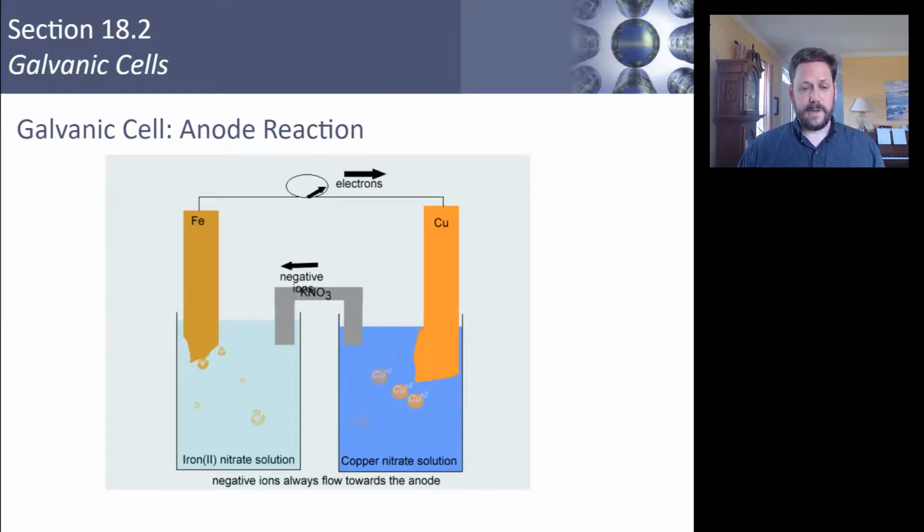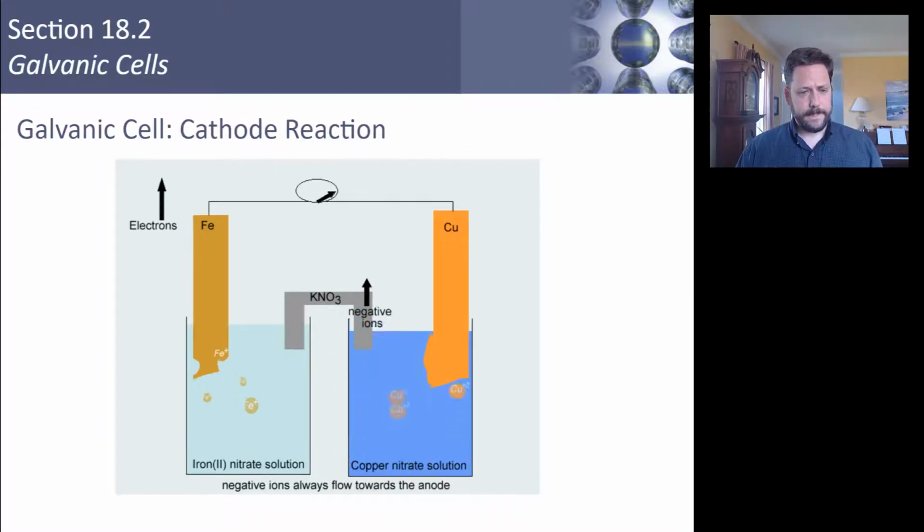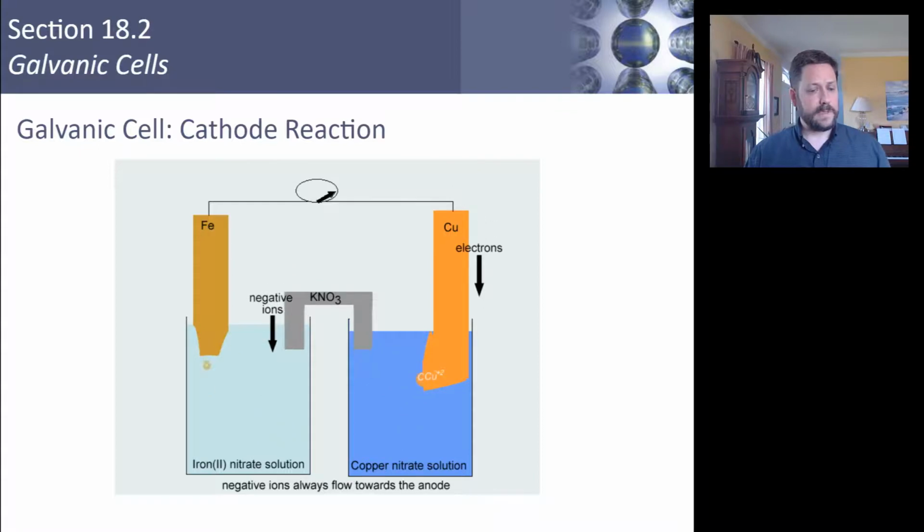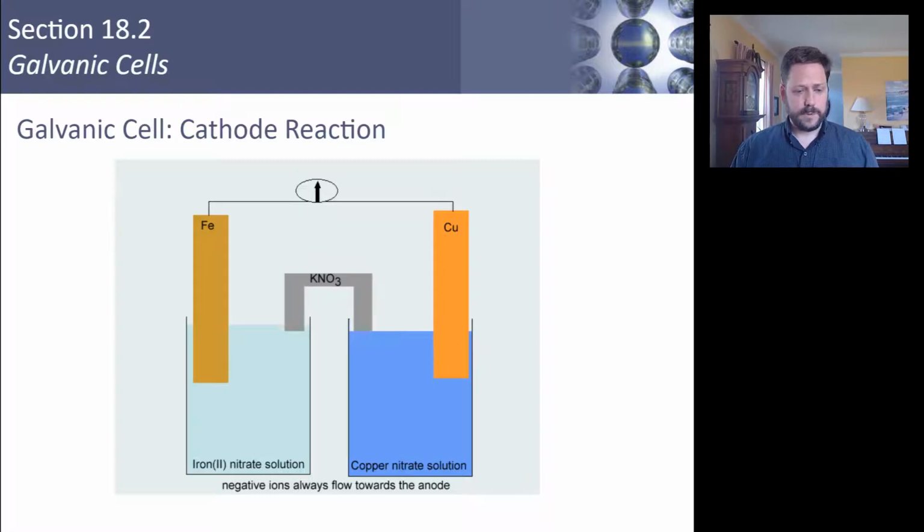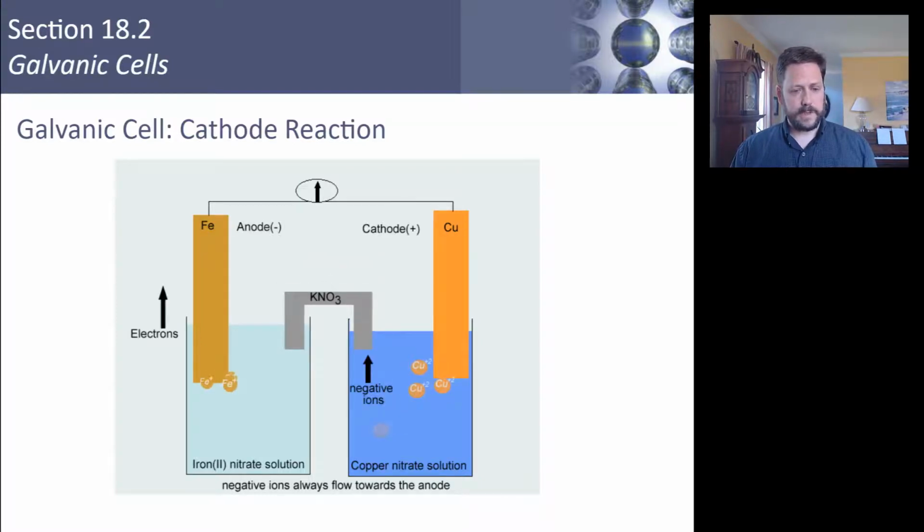Let's talk about the other half of this galvanic cell, which is the cathode on the right. Now the cathode on the right is gaining mass. Why would that be? Because the copper ions in aqueous solution are being reduced from copper ions down to solid copper metal. Reducing is gaining electrons. Where do those electrons come from?